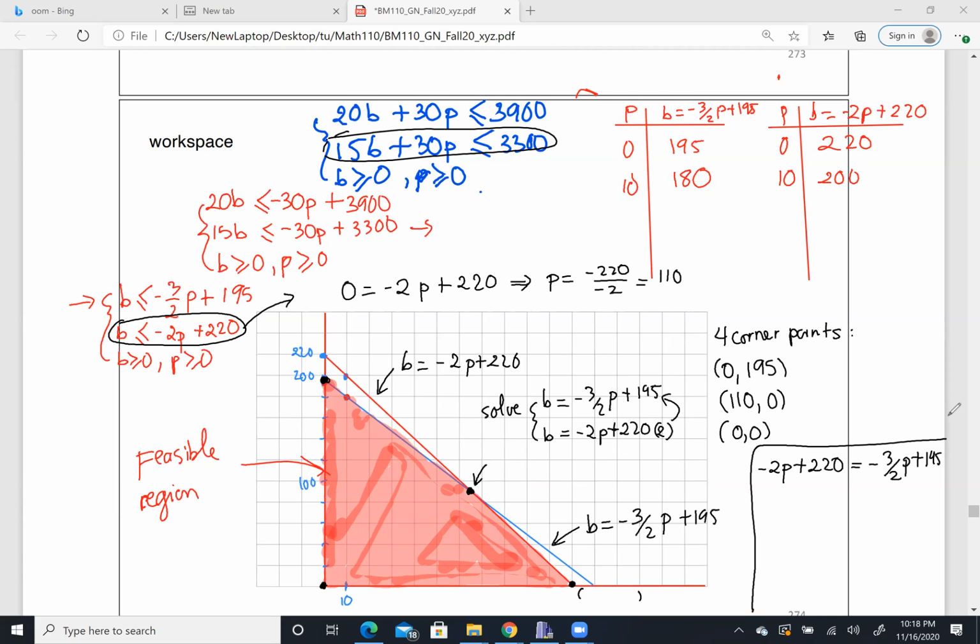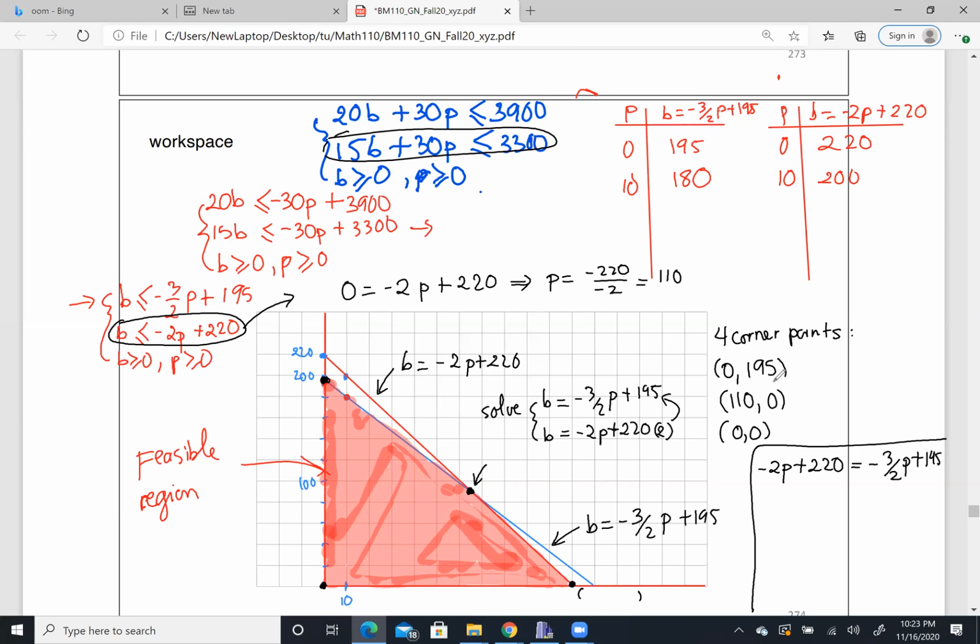So then now, okay, we're going to add 3 halves p to both sides.